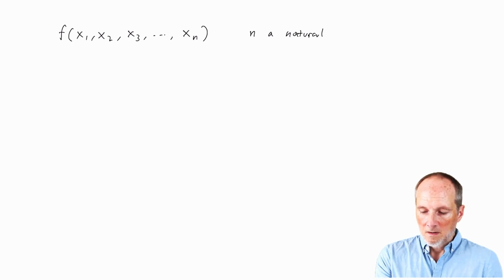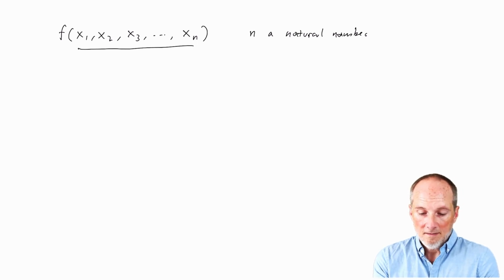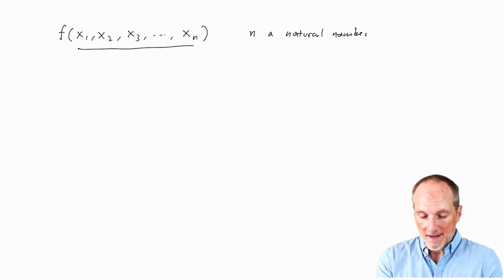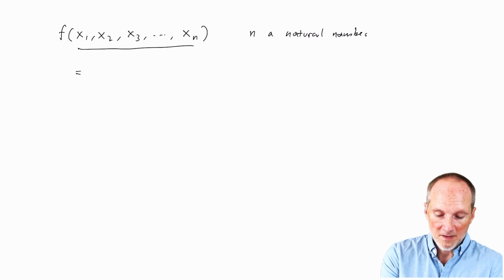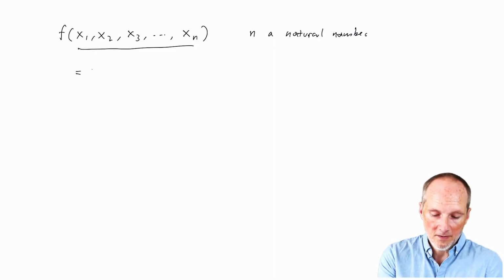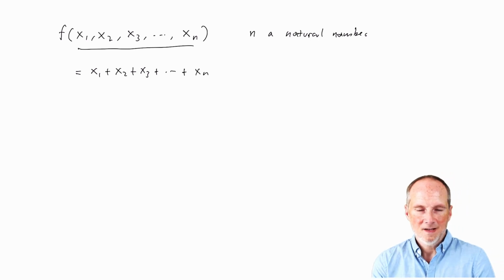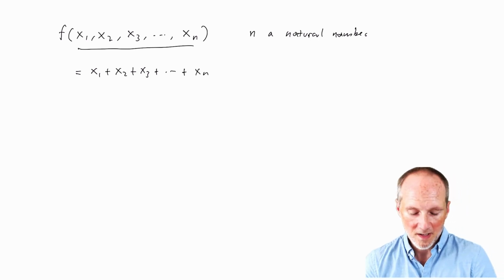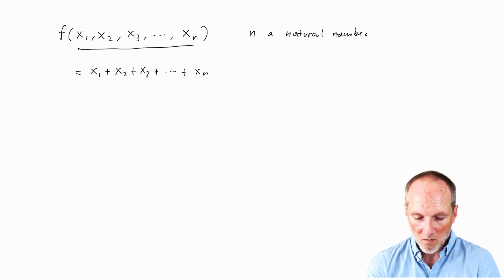And here's a function of n variables, okay? And that can have any kind of form. If we want to stick with something that's kind of additive or linear, you could imagine just defining this as the summation function. Okay, that's not the most exciting kind of function, but just a possibility.